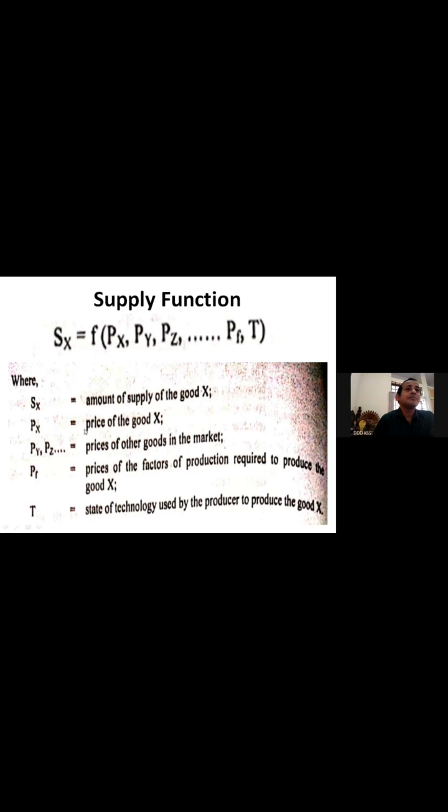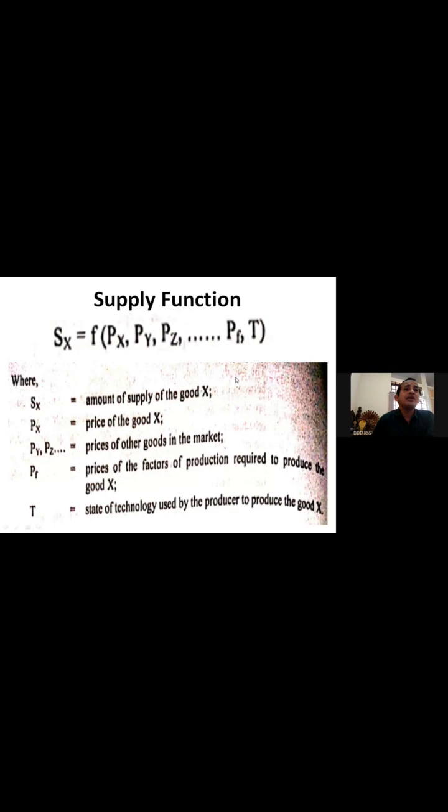Px is the price of good X. Py, Pz are the prices of the other goods in the market, meaning the price of related goods, or substitute goods or complementary goods in the market.